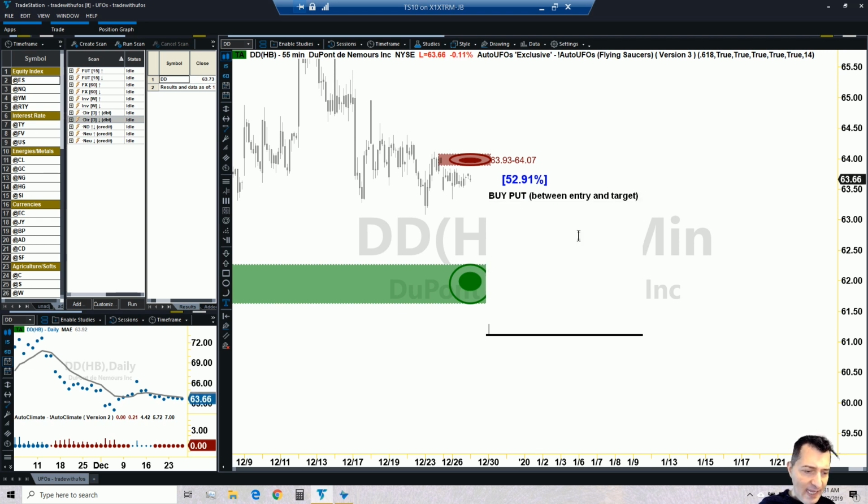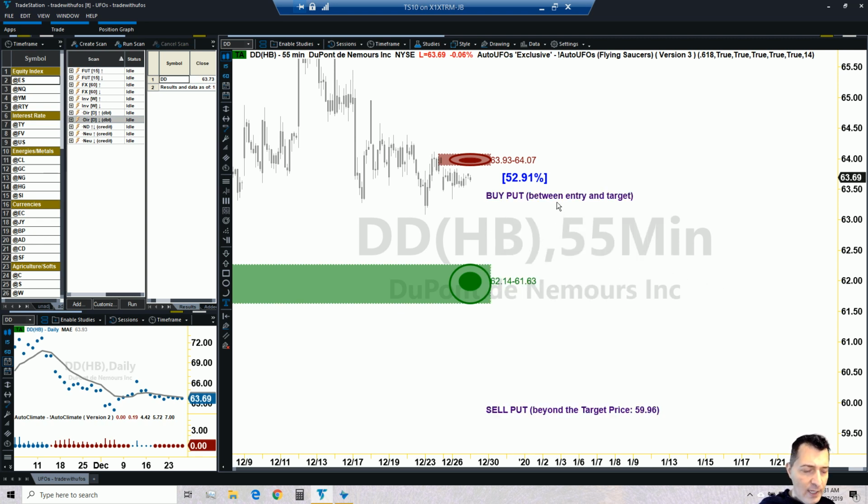And we're gonna be selling a put below, so sell a put below, okay, which is gonna be beyond the target price, which is again 59.96. Okay, so this is what we want to do. Now, of course, the first question that comes to our mind is also, so what expiration date are we going to use to do that?